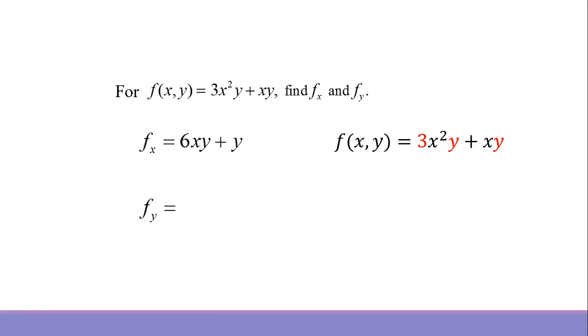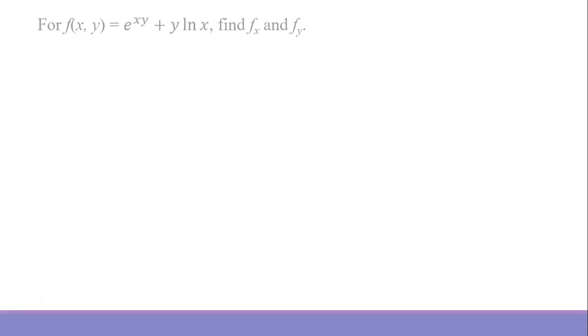And the partial derivative with respect to y, well, we'll have to consider anything that's not a y to be a constant. So the derivative of 3x squared y is just that constant 3x squared, and the derivative of xy is just the constant x.